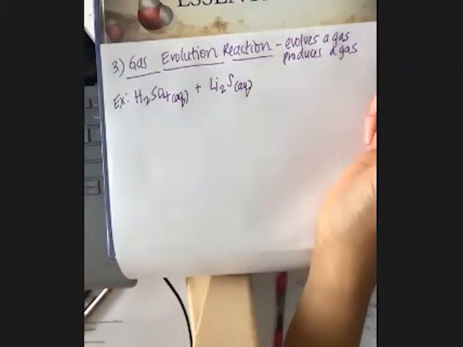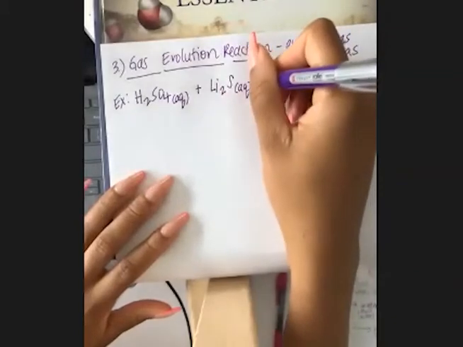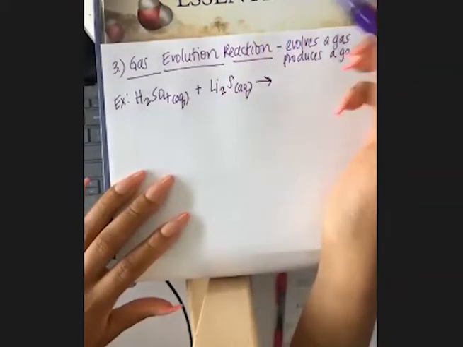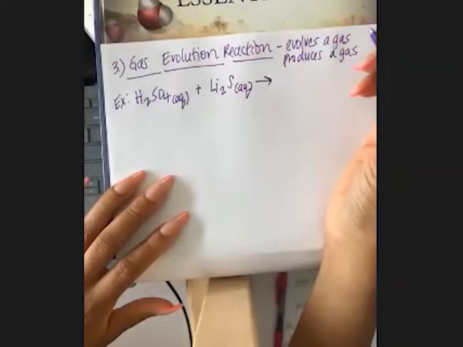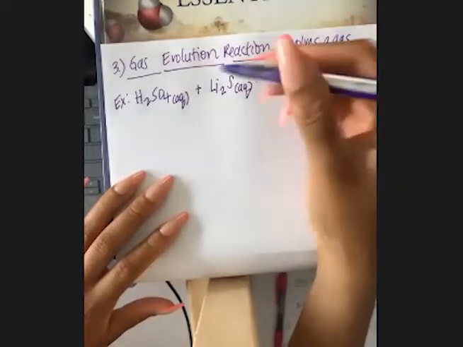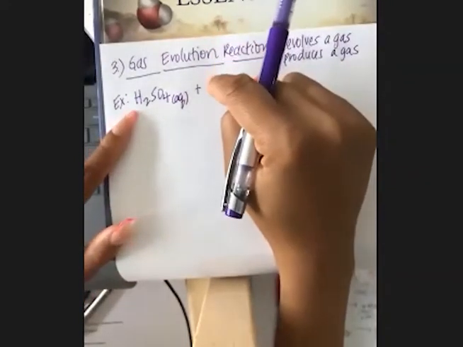If we were just to look at this, we might think this is a precipitation reaction, but I'll show you how we recognize it. We're going to switch our cations. Can anyone predict what my products are going to be? Because it's going to follow the double displacement scheme. Remember, the only thing we're switching is the hydrogen and the lithium.